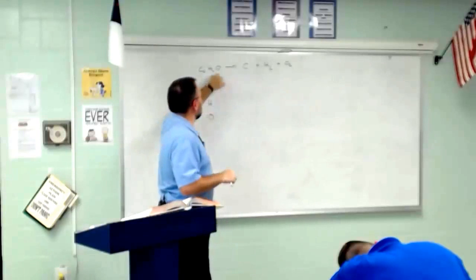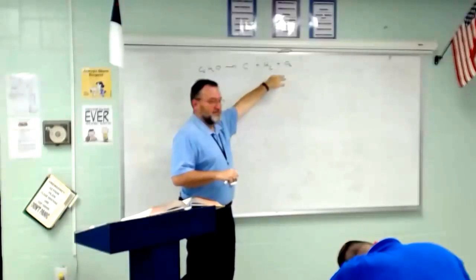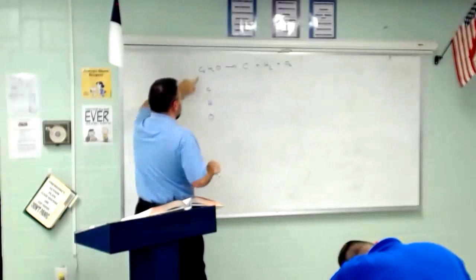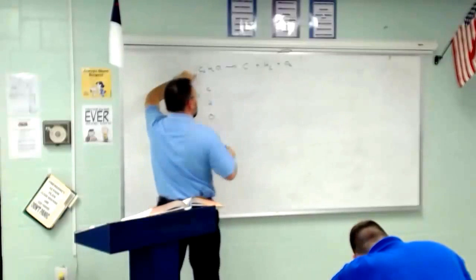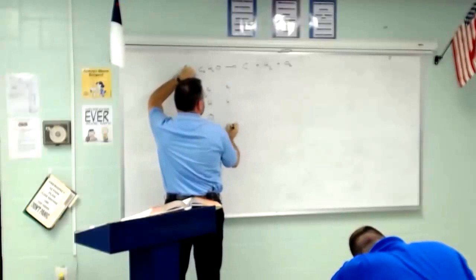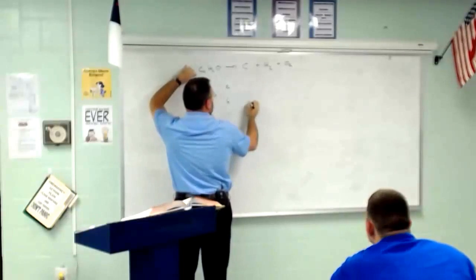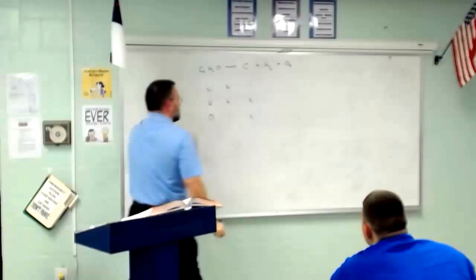This is one reactant and 3 products. See the difference? But in terms of carbon, how many carbons do I have on the reactant side? 2 hydrogens, oxygens, and on the product side, carbons. So I need to do something.